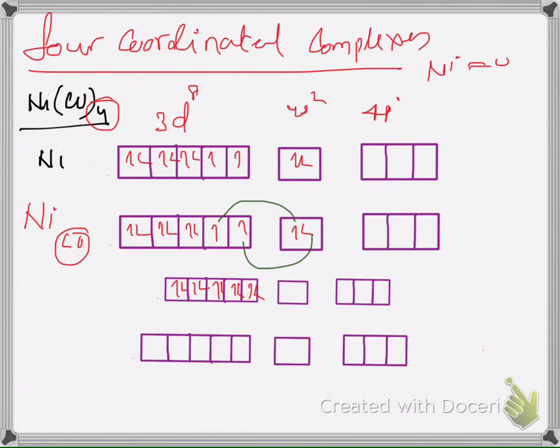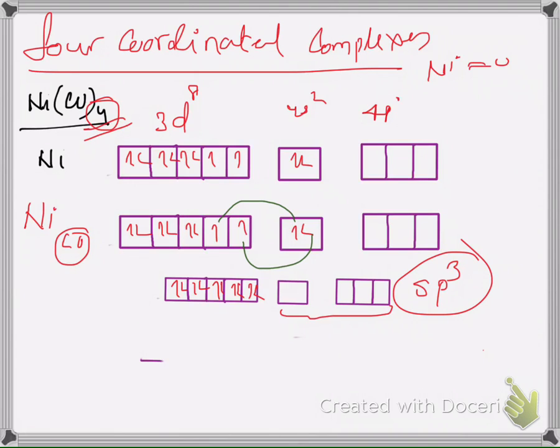Now you have to check the coordination number, that is 4. So 4 orbitals are required for hybridization. They are 1s and 3p. Hybridization is fixed, that is sp3. sp3 hybridization can be seen. So the metal unhybridized orbital can be given like this.